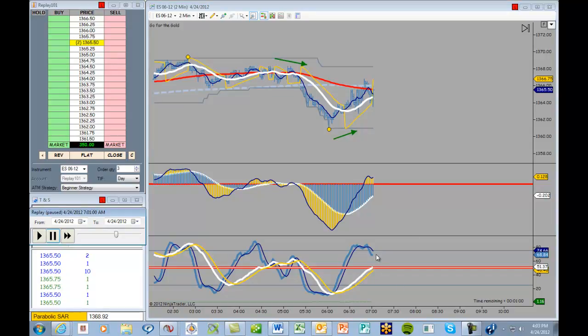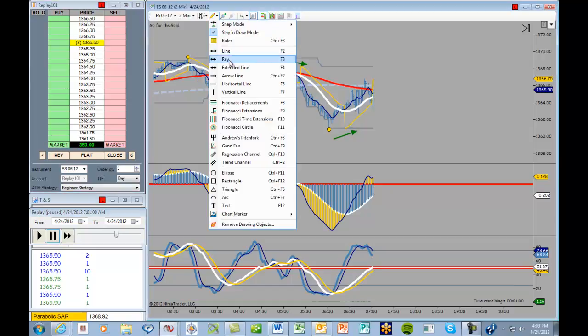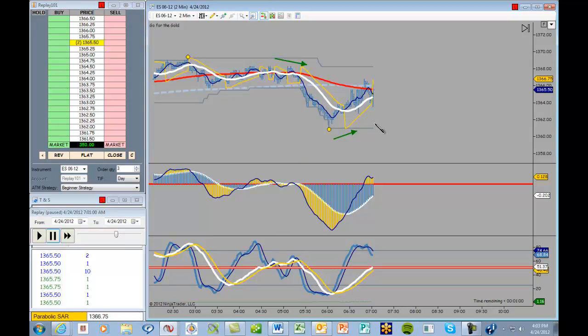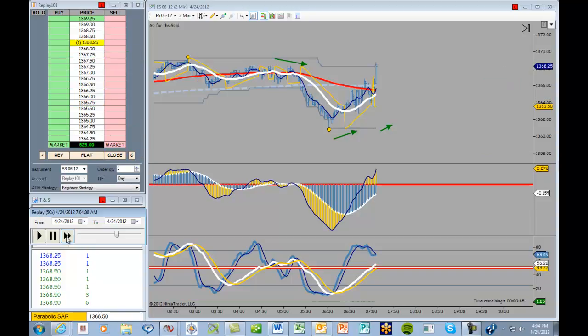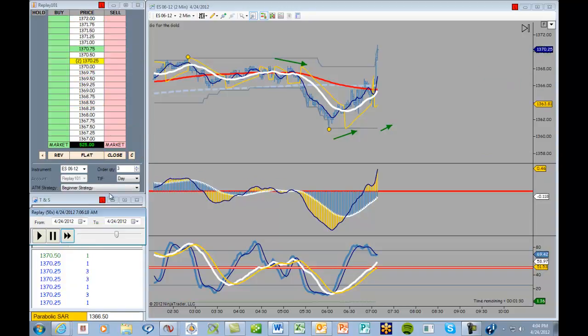We got a little bit of a hook on both the MACD and the stochastic. The slower stochastic is clearly rising, so let's get long again. First we'll draw the arrow. That's how it's done.